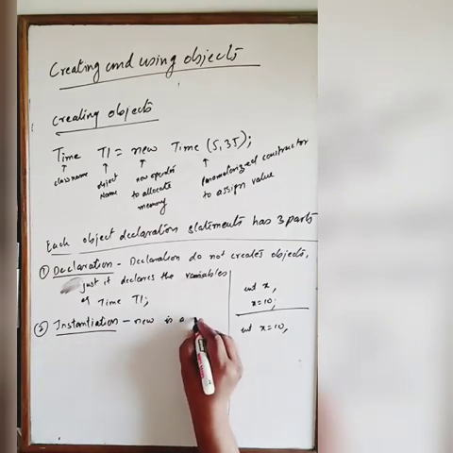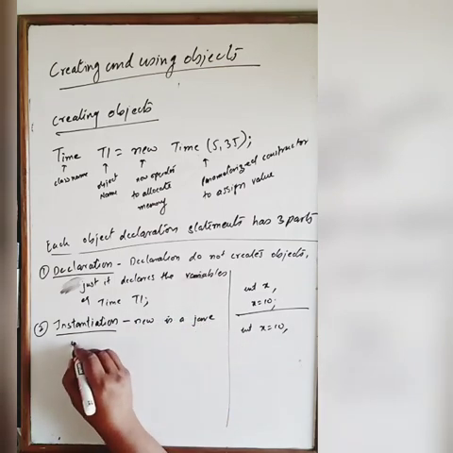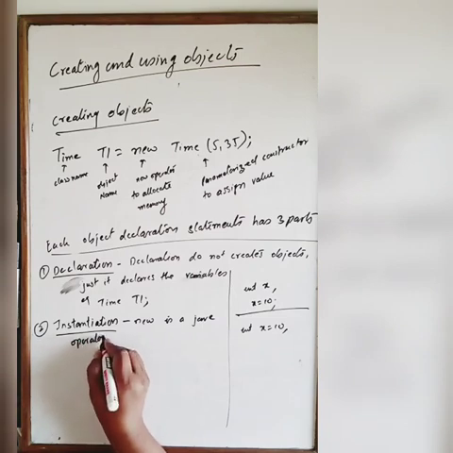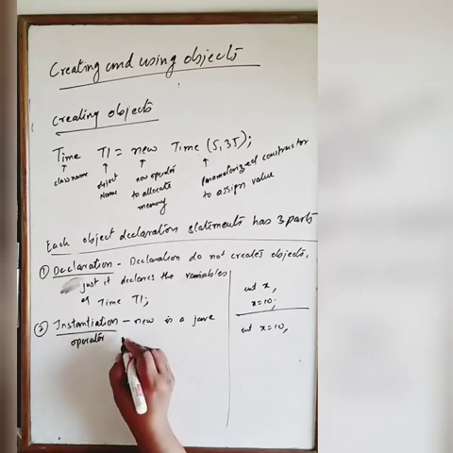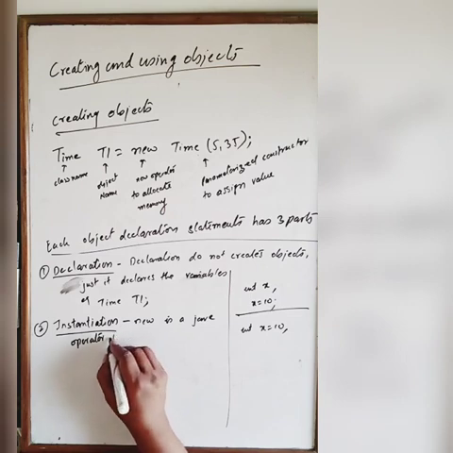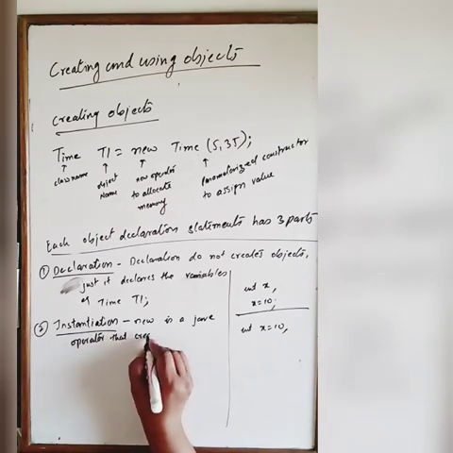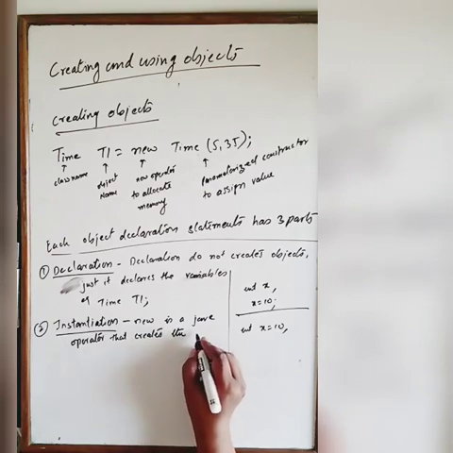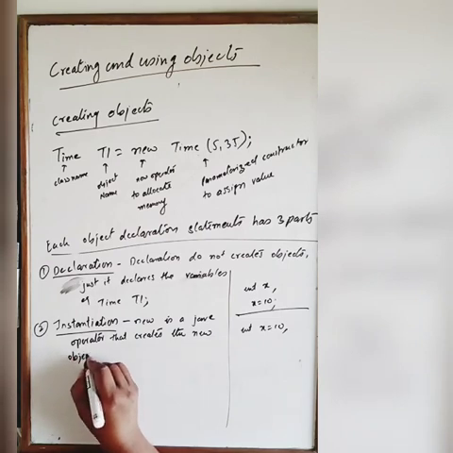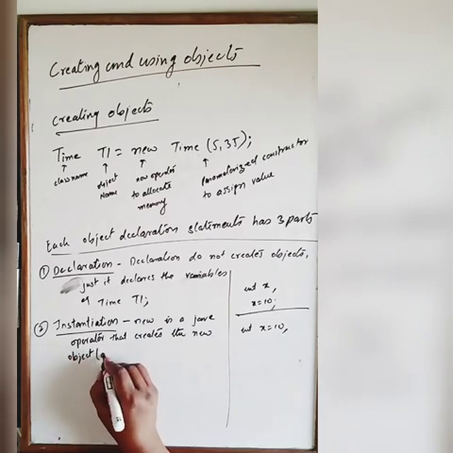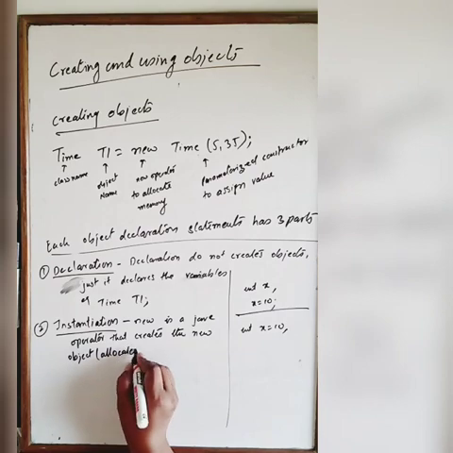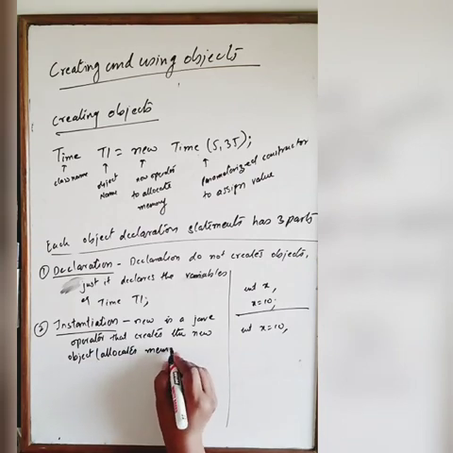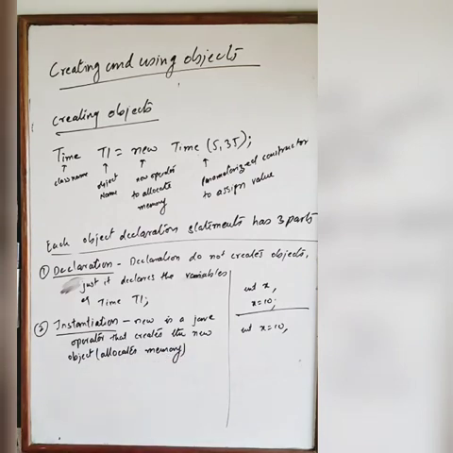New is a Java operator that creates the new object, that is, it allocates memory. Object creation means the memory is allocated. Memory is always allocated when you create an object.